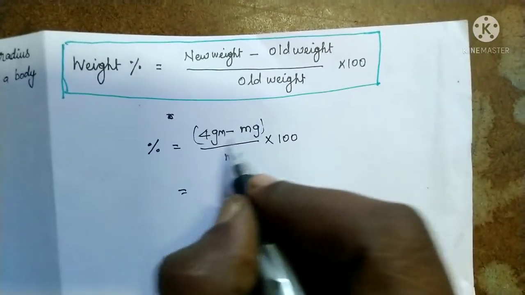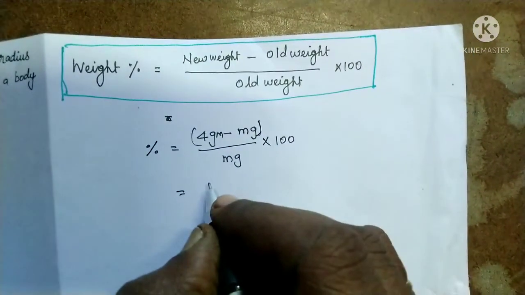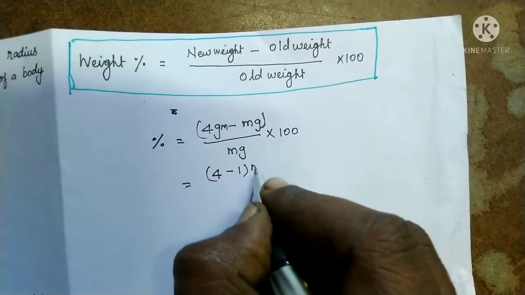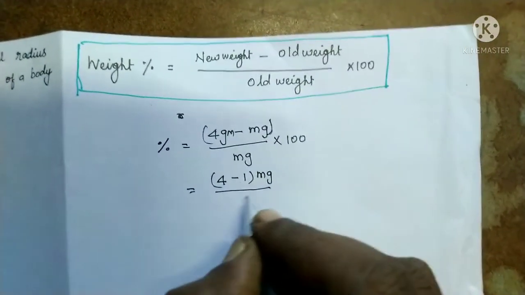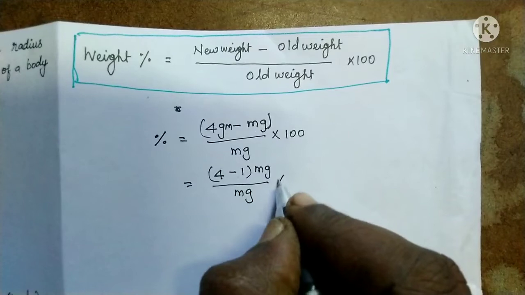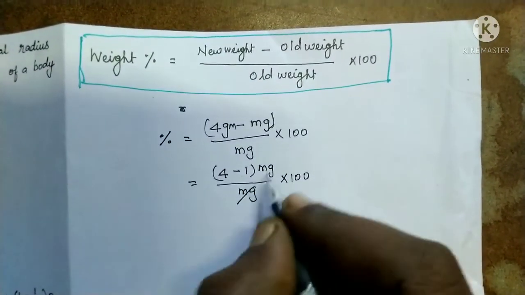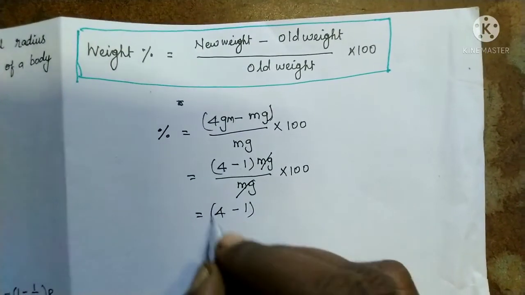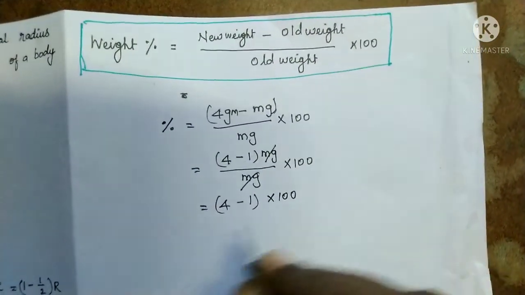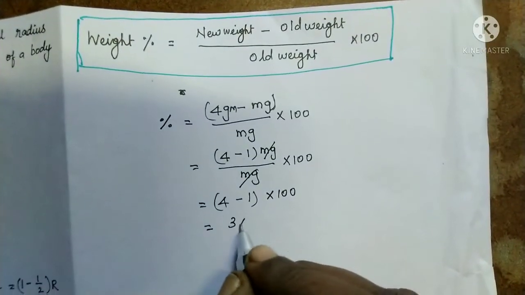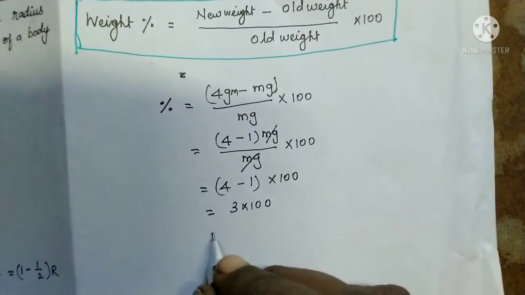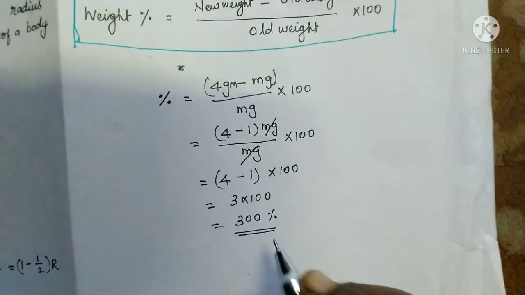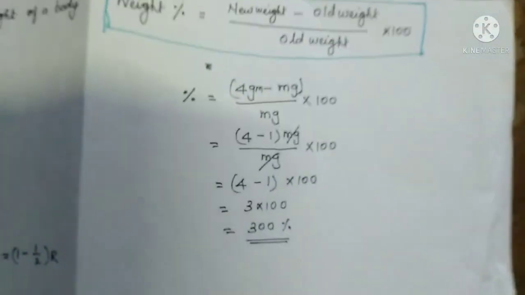Taking mg outside the bracket, (4 minus 1) into mg divided by mg into 100. So mg gets cancelled. You get (4 minus 1) into 100, that is 3 into 100, equal to 300%.